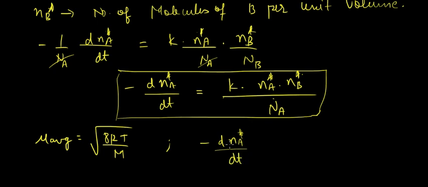So the rate of disappearance of molecules per unit volume would be equal to ZAB multiplied with the probability of collisions, e to the power minus EA upon RT.